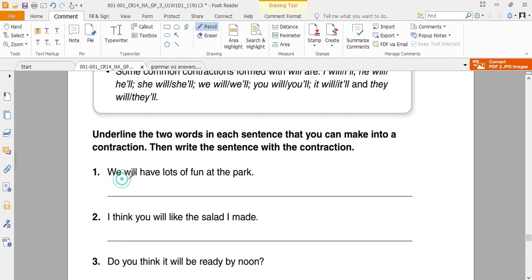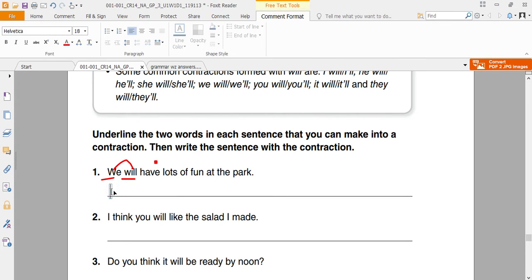We have 2 verbs. Will is a helping verb and have here is the main verb, so don't look at have. We make the contraction for the pronoun and this verb. Okay? Write we, apostrophe, ll. We'll have lots of fun at the park.